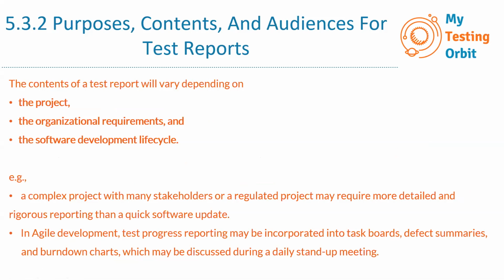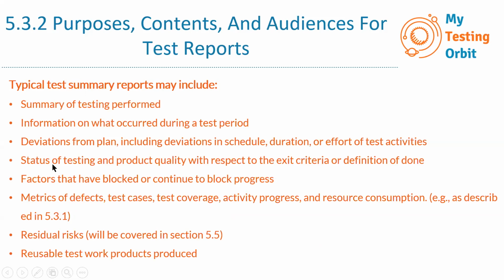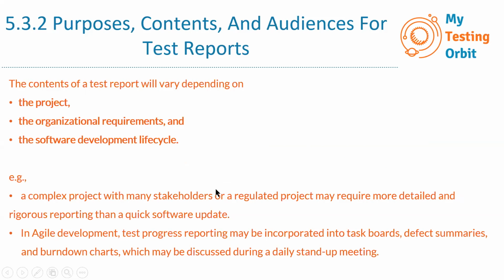The contents of a test report will vary depending on the project, the organizational requirements, and the SDLC which we are using for that project. These are the contents we discussed, and they might differ because of these three factors.